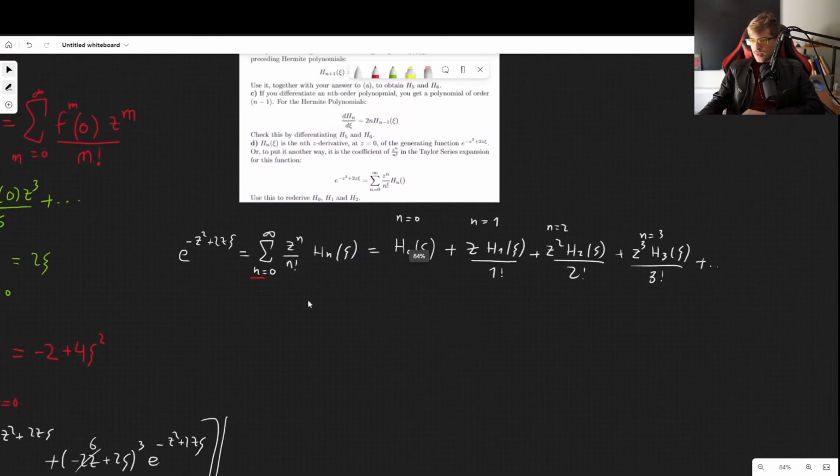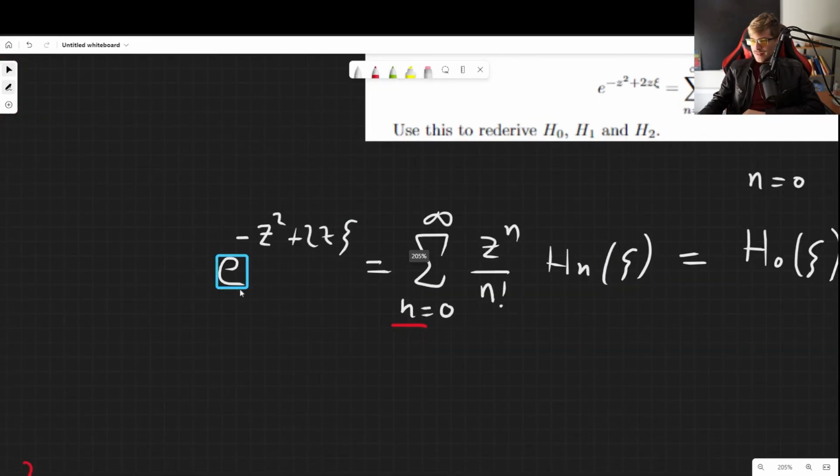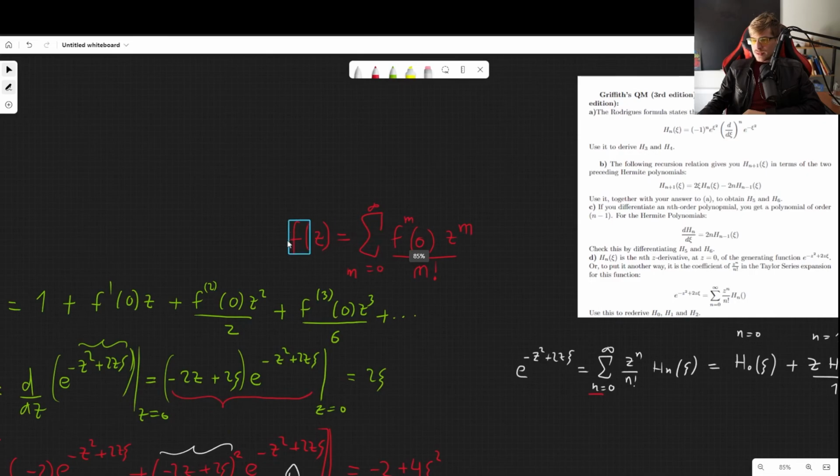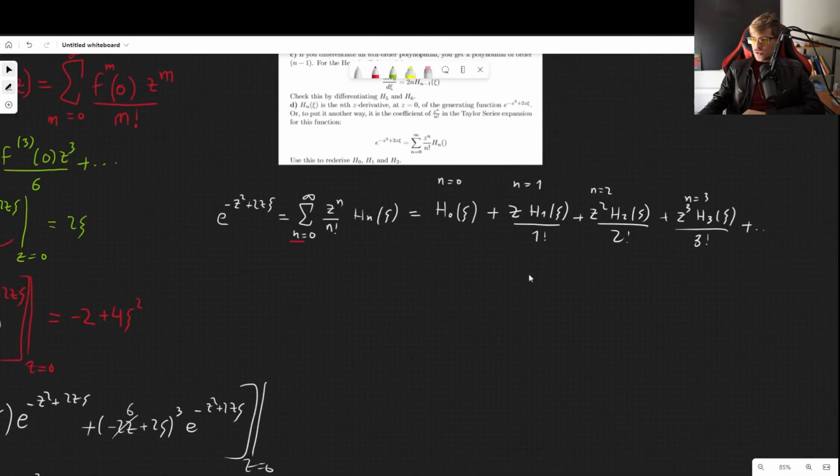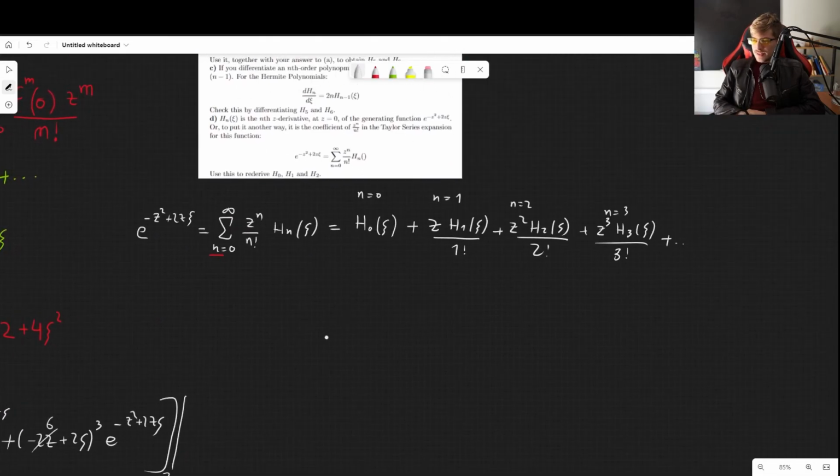Okay? Because we know that this expansion, we can take this exponential and expand it as a Taylor series. So I'm going to write it out explicitly first.